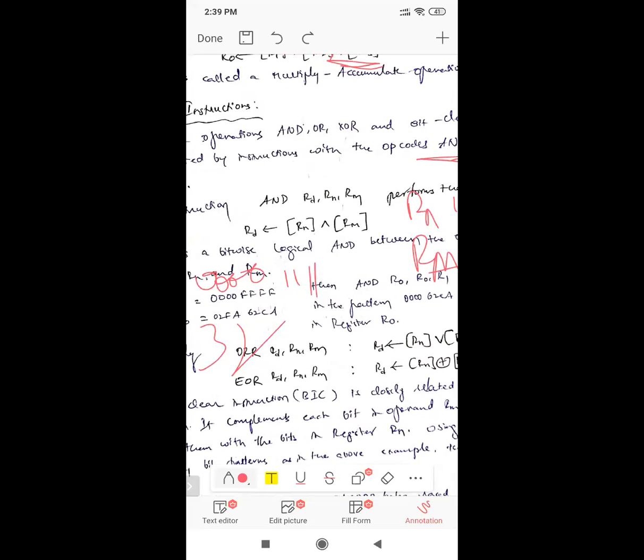Capital A is nothing but 10, which is 1010. If you perform the AND operation with 1111, again it will become A only. If you perform the AND operation with F, you get the same result.